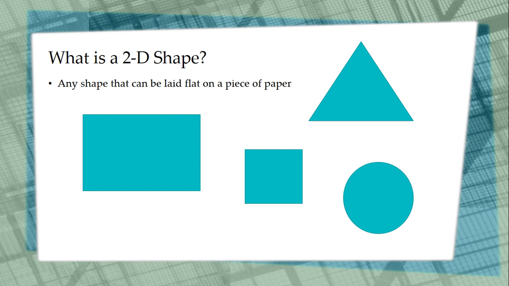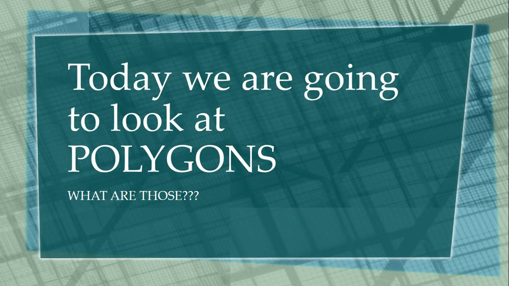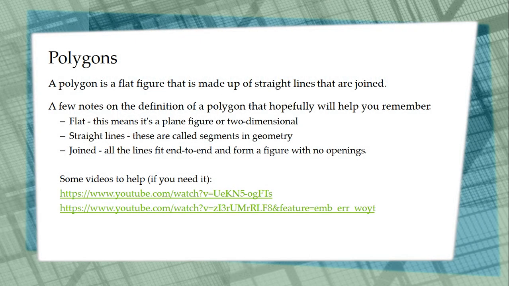Ovals, all sorts, okay? You guys know this. You've learned it in KG, you learned it in grade 1, you learned it in grade 2, now you're reviewing it in grade 3. But today, we are looking at 2D shapes, but we are specifically looking at polygons.